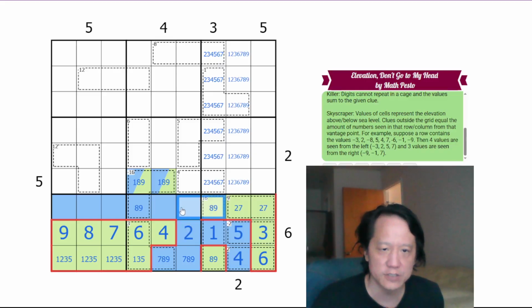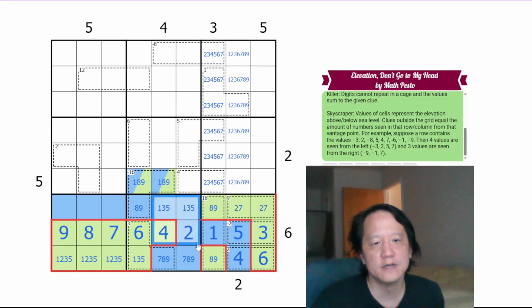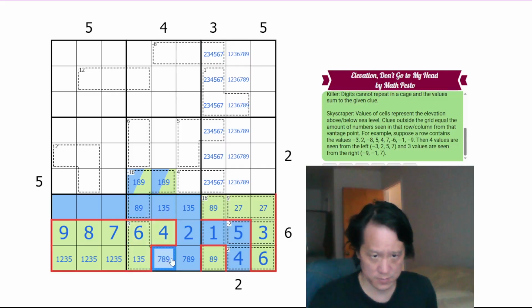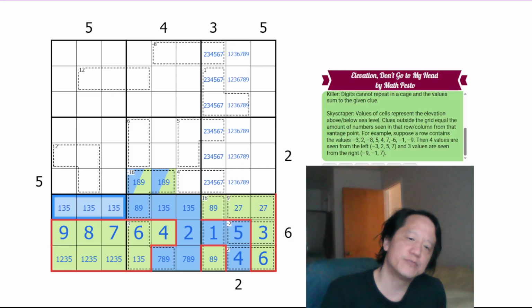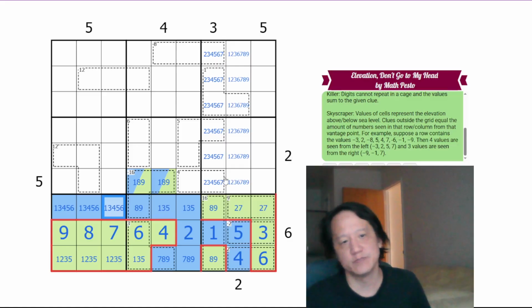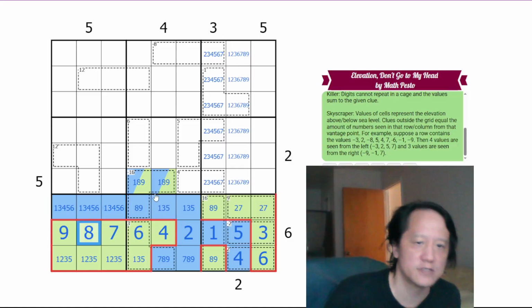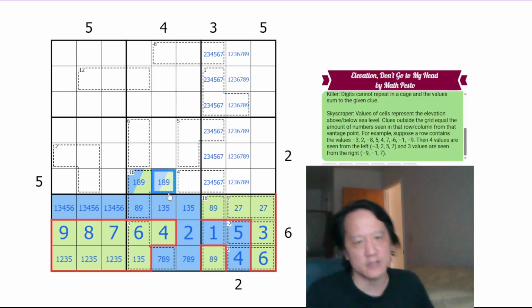And the remaining digits here have to be 1, 3, and 5 in box 8. That leaves this as 1, 3, or 5 with 4 and 6 also as possibilities. This is 8. It's very likely going to be able to see that.